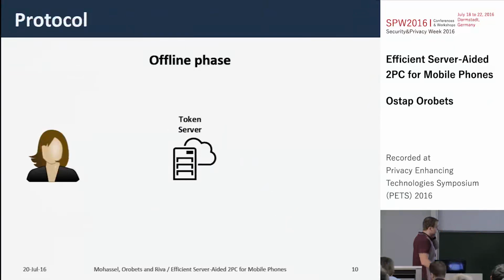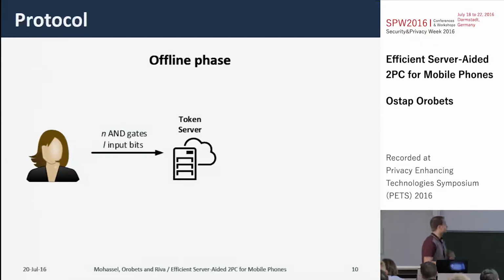Again, it consists of two phases, offline phase and online phase. At some point, Alice comes, and we have our token server that distributes those shared random bits. Alice says, okay, at some point I will do some computation and I will use at most n AND gates.